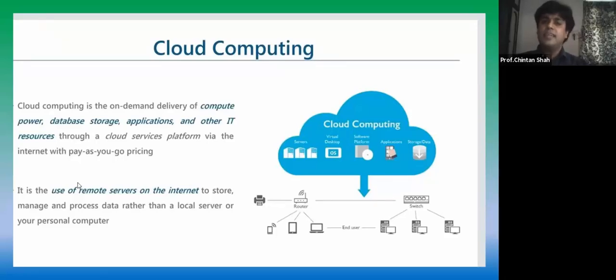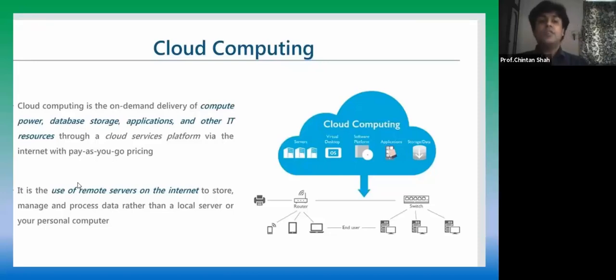When I say it is on-demand delivery, it means I require the compute power, the storage, or the application whenever I need it. It should be on demand, and whenever we say on demand, it has to be done automatically without any human intervention.